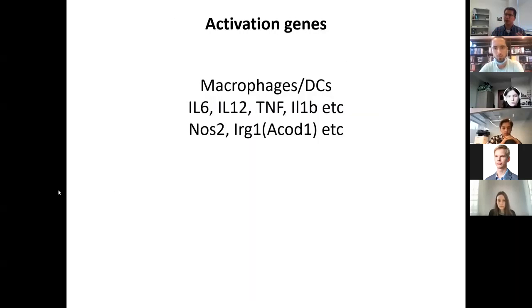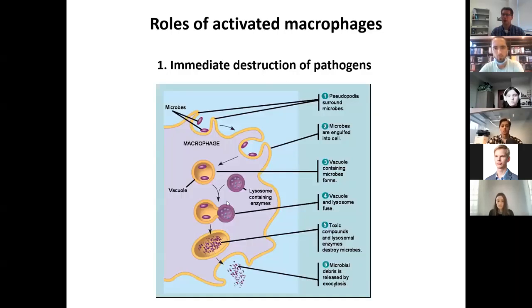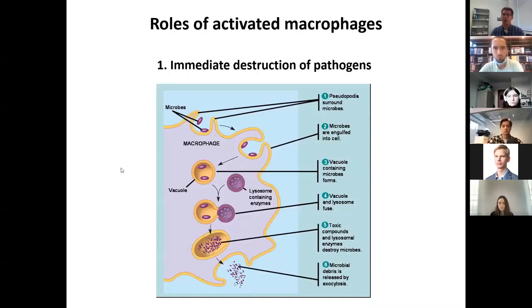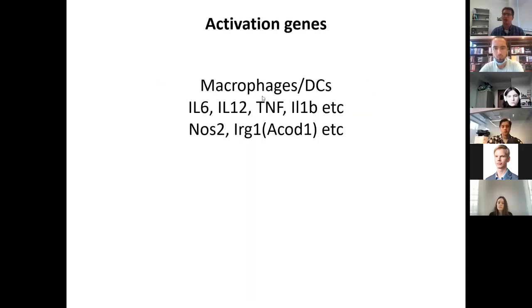Now, not only is this destruction process happening, but there are a number of cytokines being produced, which we'll get to. Some of these cytokines have to be upregulated first on a transcriptional level. And so this is the list of the various genes that are upregulated upon macrophage activation.